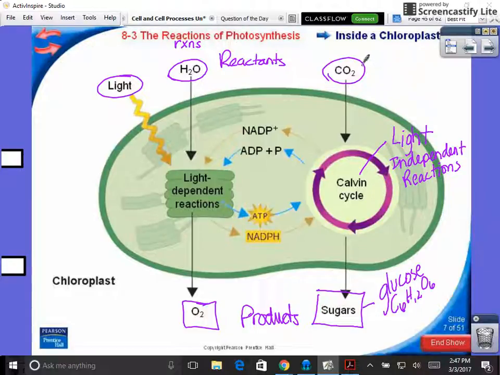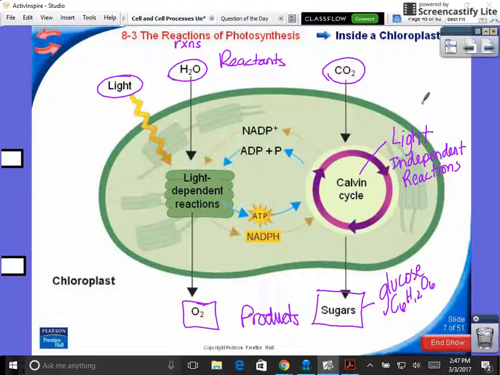In this part, it is important that carbon dioxide is present. If it's not, then this process is not going to occur. Sugars are not going to be made. Notice just the general term sugars is used. It can create glucose. That glucose can be put together to form a disaccharide, or a polysaccharide like starch.